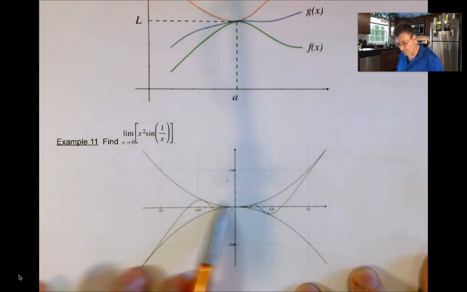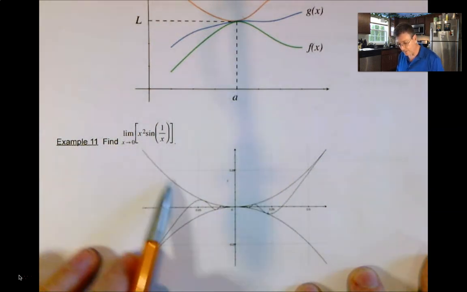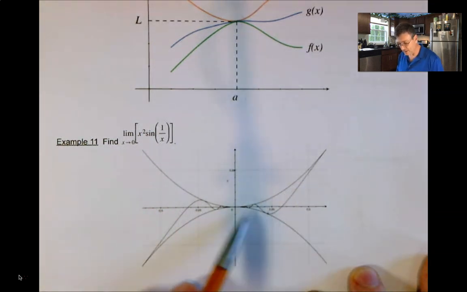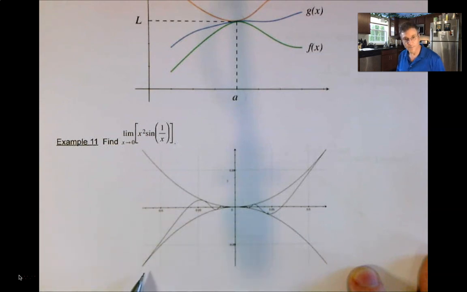The x squared function is always above that function. It's never below that function. The negative x squared function is always below that function. How do I get that algebraically so I know which functions to look at for the sandwich?